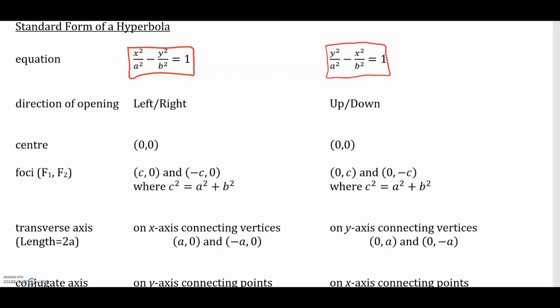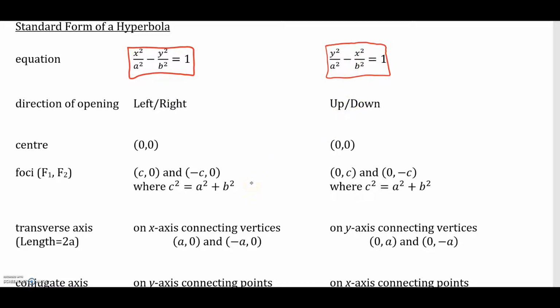So notice the difference between the standard form of a hyperbola and the equation of an ellipse is that we have a minus sign between the two squared variables. When the minus sign is in front of the vertical variable, our graph opens left, right, and when it's in front of the horizontal variable, it opens up or down.